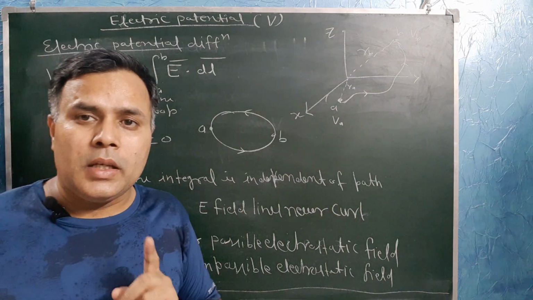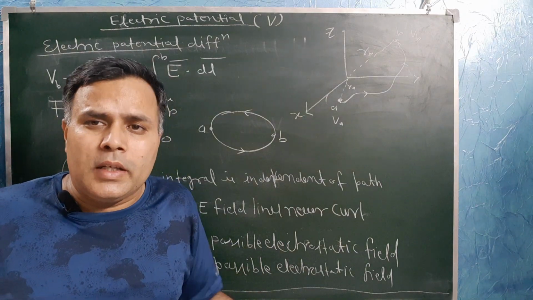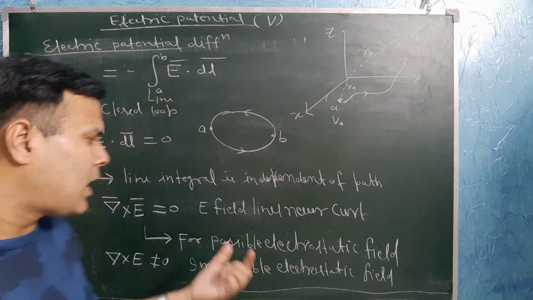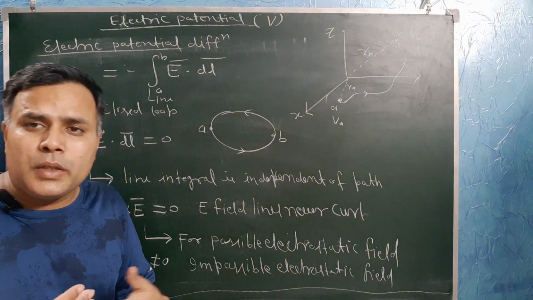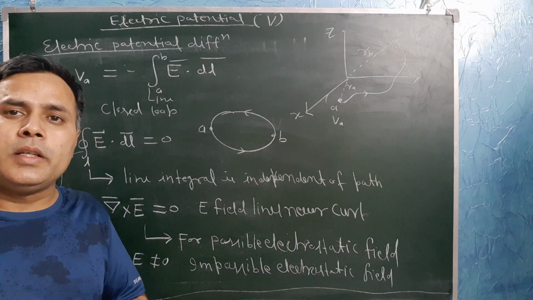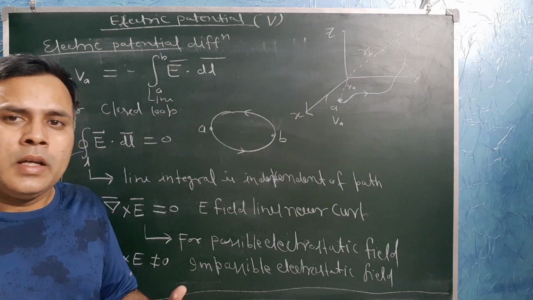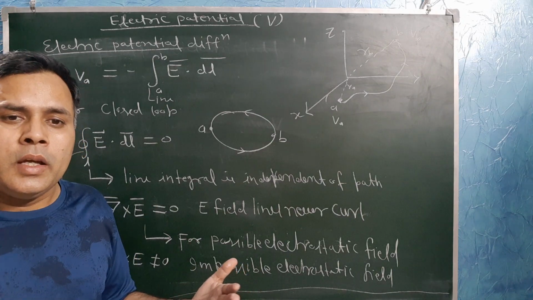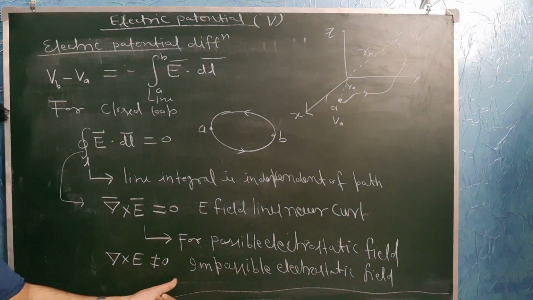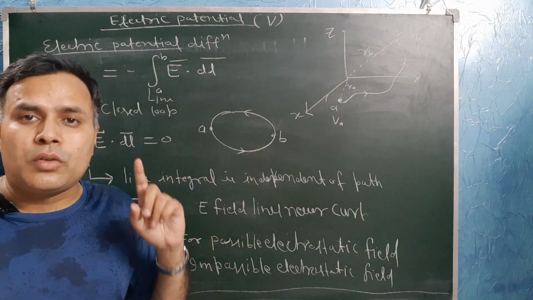Whether E has a Cartesian, spherical or cylindrical profile, we have to simply check the curl of E. If the curl of E is 0, then the given electric field is a possible electrostatic field. If the curl of E is not equal to 0, whatever be the profile of E, then that field is not an electrostatic field.